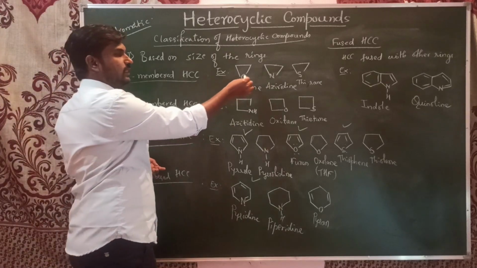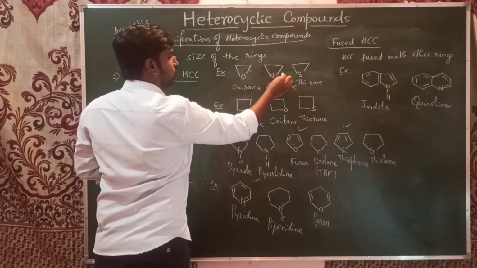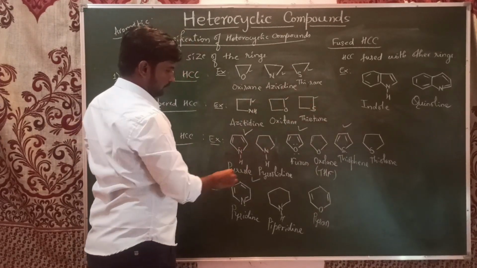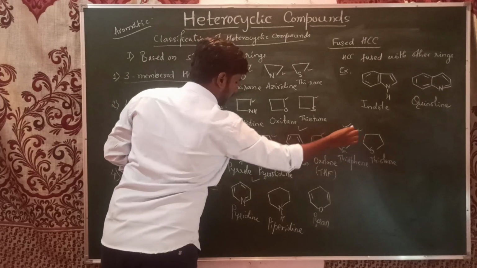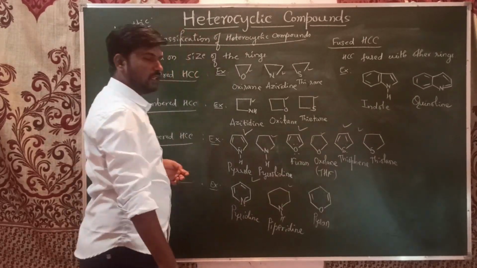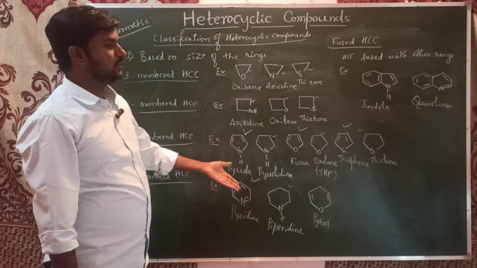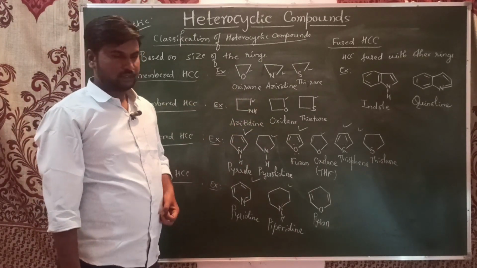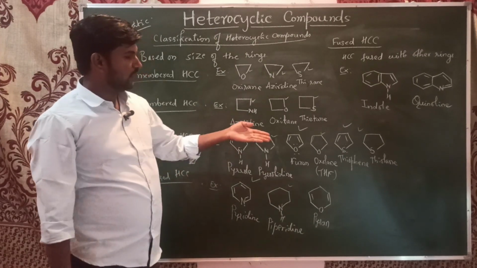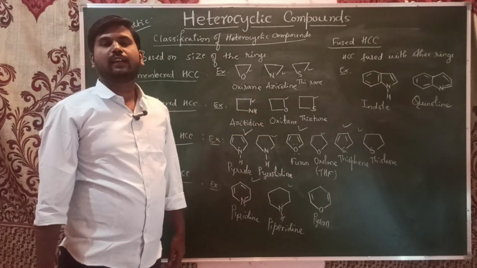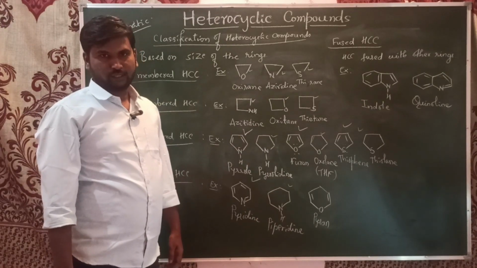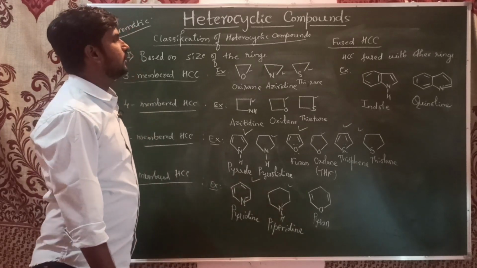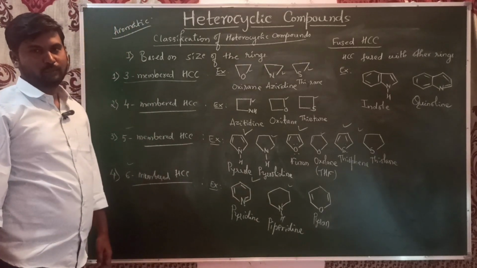So here it is aliphatic or alicyclic, and these are all aliphatic, so we can classify these as aliphatic heterocyclic compounds. And pyrrole, furan, thiophene, pyridine, and pyran are all aromatic heterocyclic compounds. We can classify them based on their nature. So this is about the classification of heterocyclic compounds.